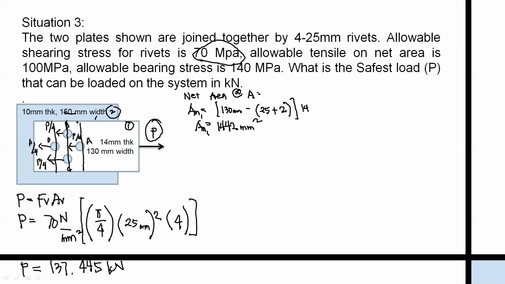And that will give us a force P, multiplied by our allowable stress of 100 megapascals times 1,442. In kilonewton, we will have 144.2 kilonewton.